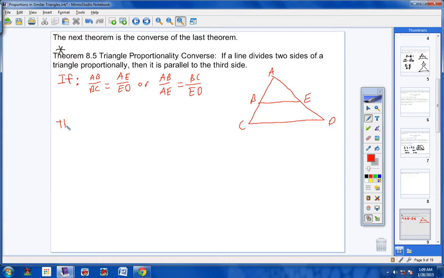If that happens, then what do we know? We know that BE is parallel to CD.